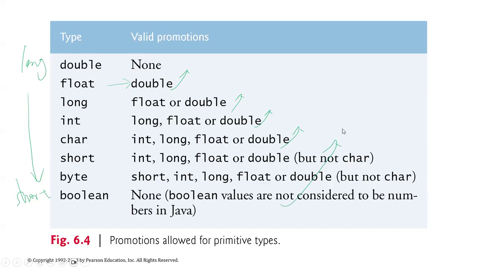If it is converting in the longer direction, it is fine. The program will not go wrong. Usually the program will upgrade the primitive data type in the longer direction.